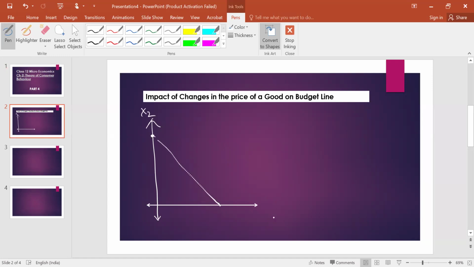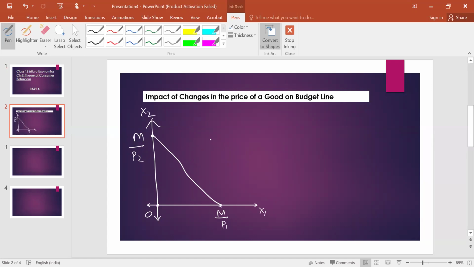This is X2, this is X1. Okay, I'll just draw it again. Now this is M by P2 and this is M by P1.